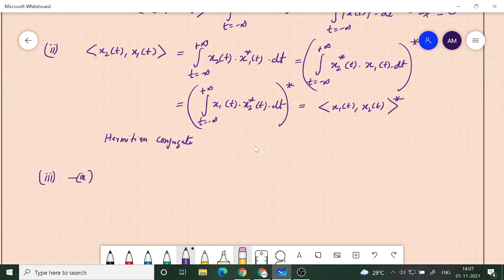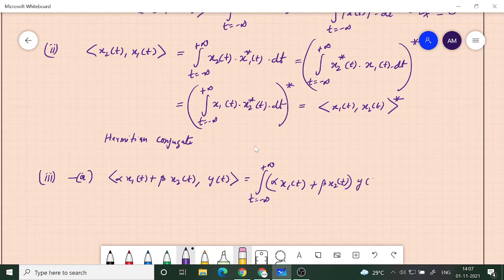Part A: if I have the first function as alpha x1 of t plus beta x2 of t, and the second entry is y of t, then applying the definition directly, this is the integral from minus infinity to plus infinity of alpha x1 of t plus beta x2 of t into y of t conjugate dt.